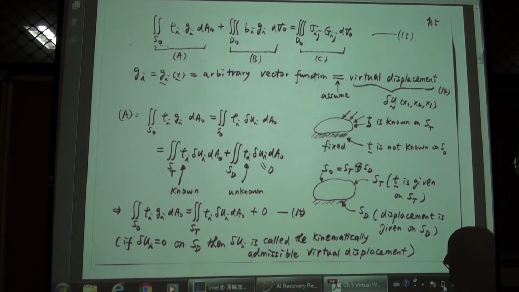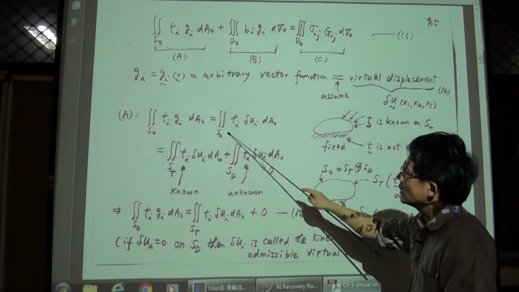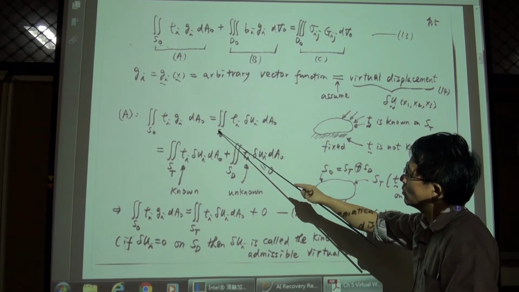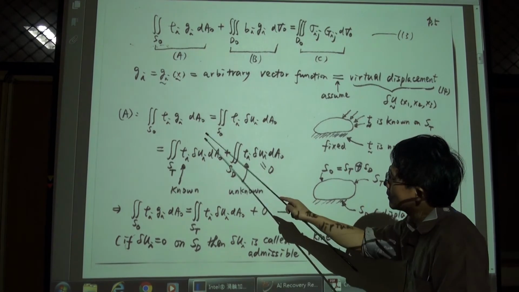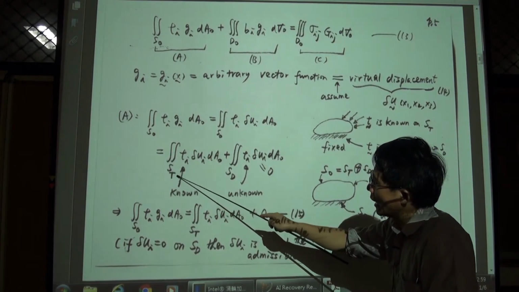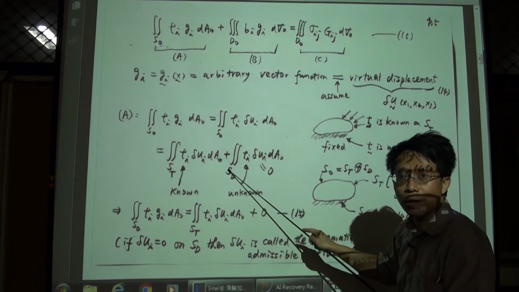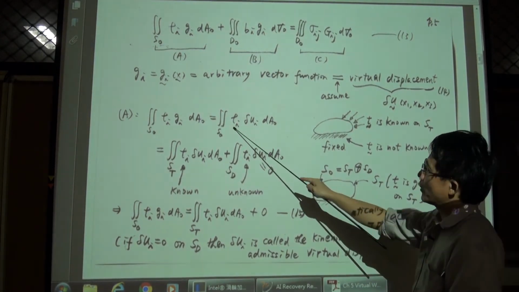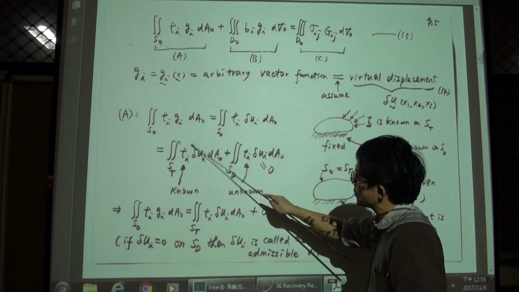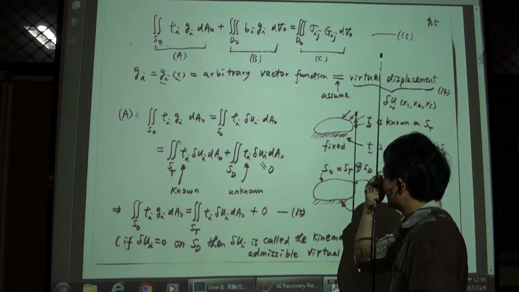Now, what is the viewpoint here? We can separate the surface integral, the work done, into two parts. This part is the surface with traction prescribed, and this part is the surface with displacement prescribed. Understand?